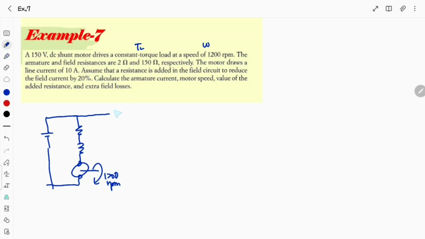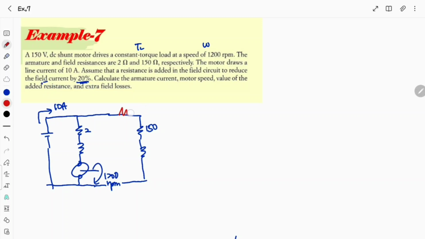Armature is 2 and you have field resistance 150 ohm, and the motor draws a line current of 10 ampere. Assume that a resistance is added in the field circuit to reduce the field current by 20%.